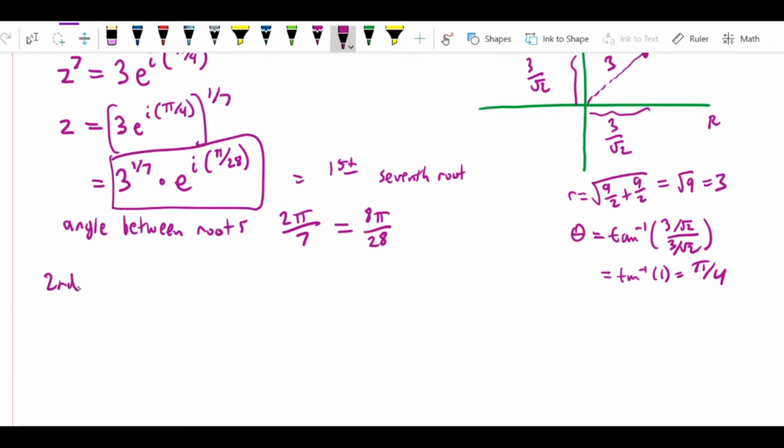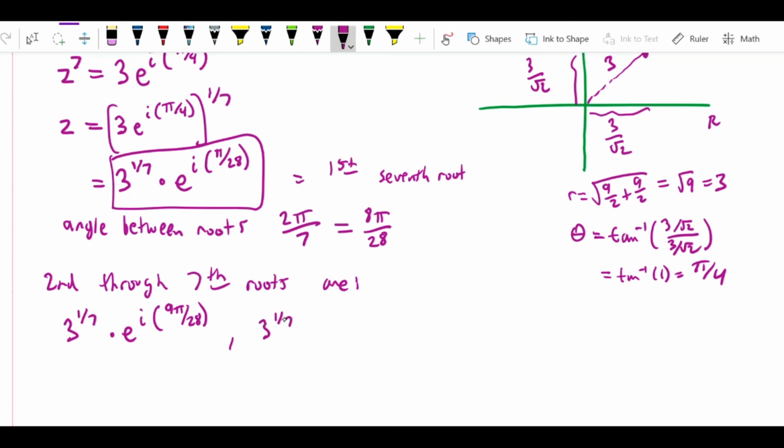The second through seventh roots are, I'm just going to list them all. 3 to the 1/7, the same radius for each root, times e to the i. Pi over 28 is going to be, let's see, I've got pi over 28, and I have to add 8 pi over 28, so that's going to be 9 pi over 28.